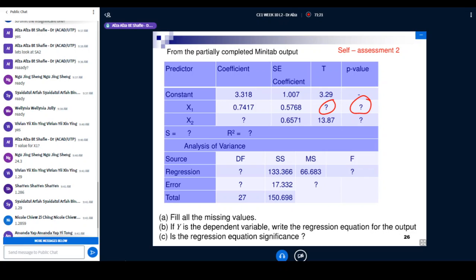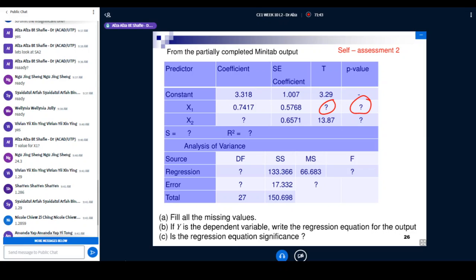Look up the T table. So what do you get? 0.1.